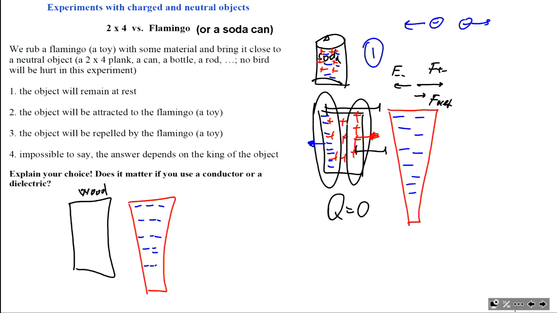Let's say each atom or molecule is neutral, maybe it's larger, almost spherical. Electrons are outside, the nucleus inside. But when we start bringing the strong negative charge close to it, that should affect electrons. They don't move away across the wood, but inside that atom or inside that molecule, we observe some distortion.